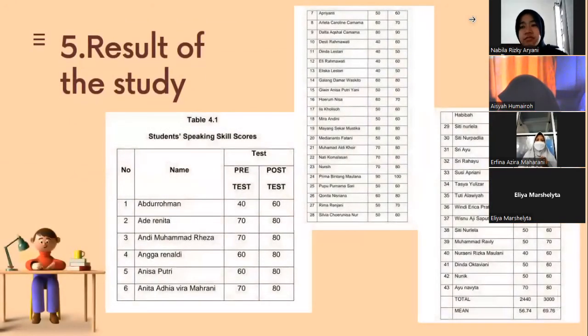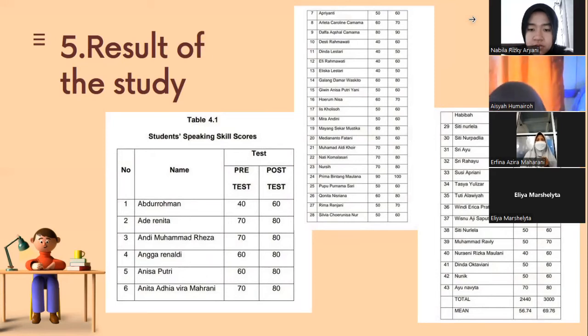Okay. The next is the result of the study. It can be seen from the students' speaking scores before using the Will Decide application and after using the Will Decide application in learning activity. In the pre-test score, before using the Will Decide application in learning activity, the results showed that the mean of the students was 56.74, and after using the Will Decide application, the mean of the students in the post-test score was 69.74.